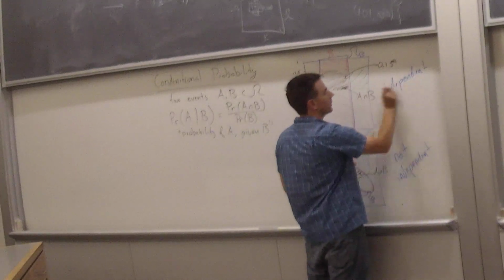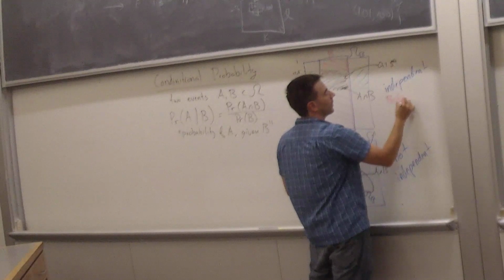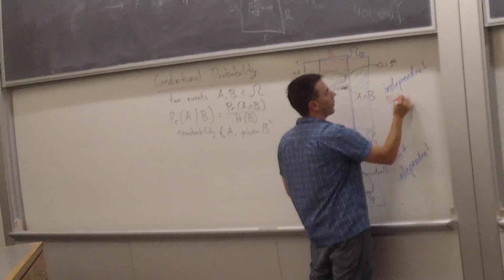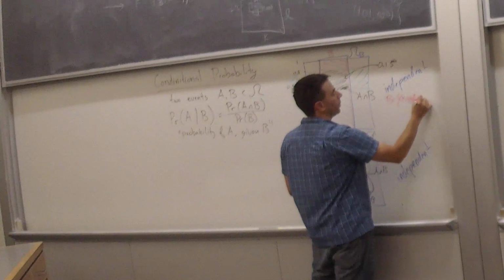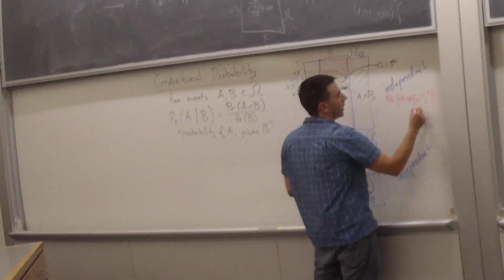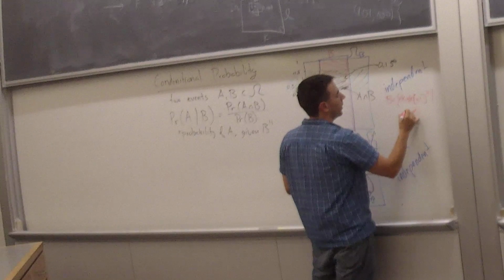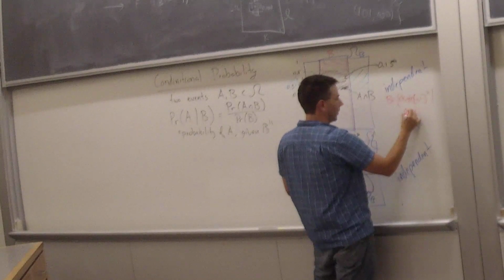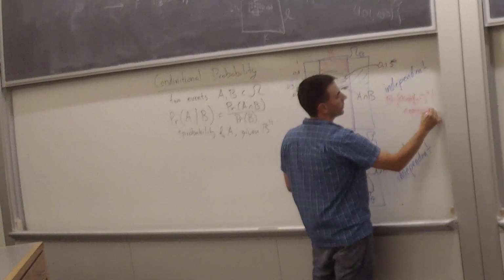Actually, I can say B is the set of (x, y) in the domain [0, 1] squared, such that the x value is between 0.2 and 0.7.